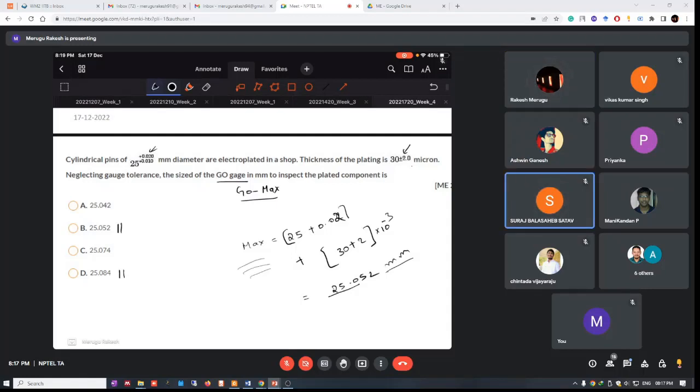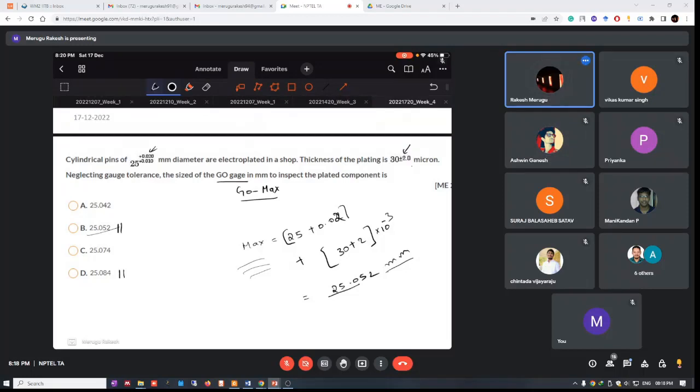Diagram. Okay. We are designing go gauge for maximum material limit. So you take everything maximum here. That's it. Answer is B.